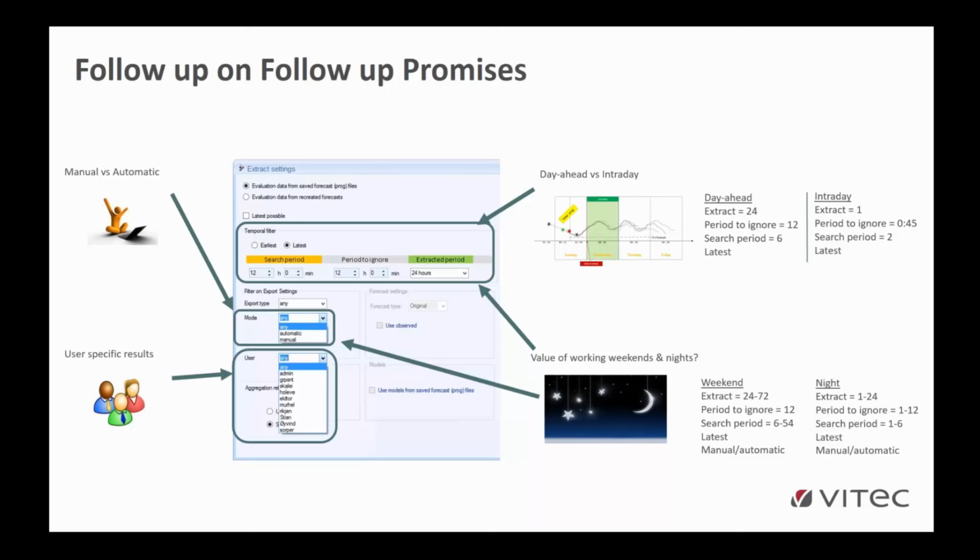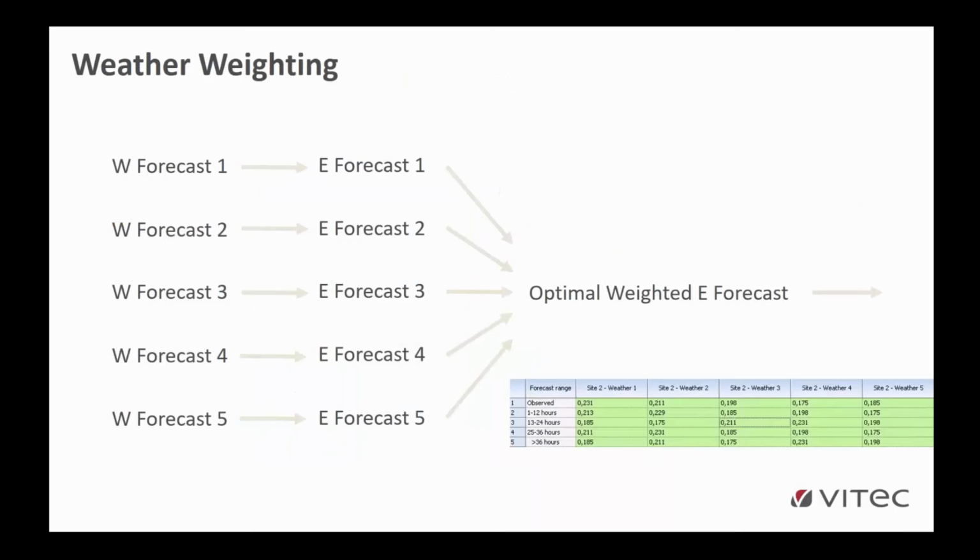Yeah. So for the next part, I'm going to talk to you about the weather weighing. So our standard way of weighing our weathers together is that we have 5 different weather stations or weather providers connected to one forecast series, and for each of these weather forecasts we make one energy forecast, and then we have 5 different energy forecasts that we always save away as well.